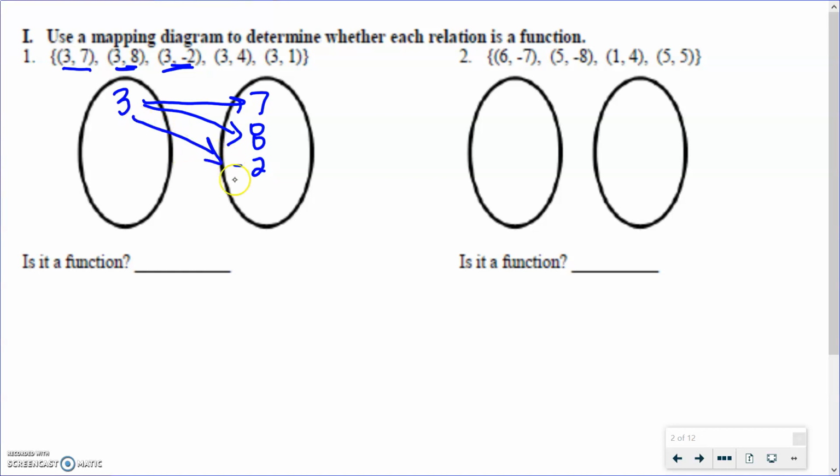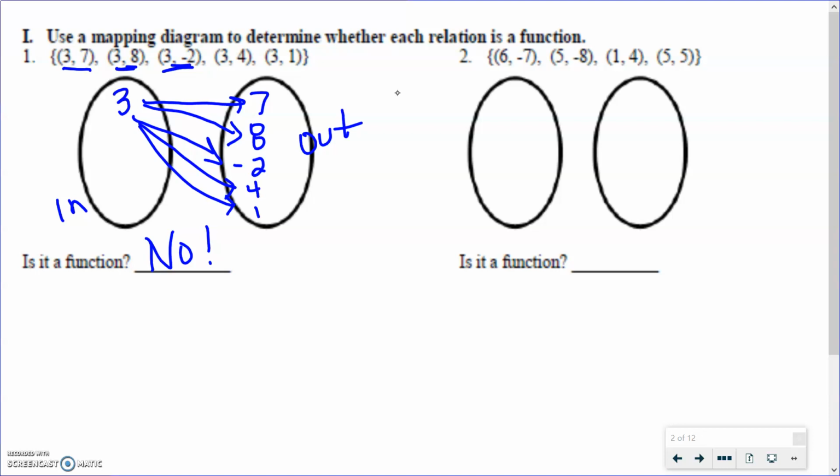And then 3 goes to 4 and to 1 as well in those last few points, okay? So this is not a function, okay, because this one input has more than one output. So these are the inputs and these are the outputs over here. And it can only have one output for every input.